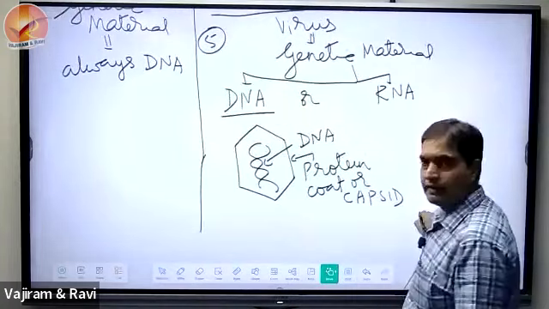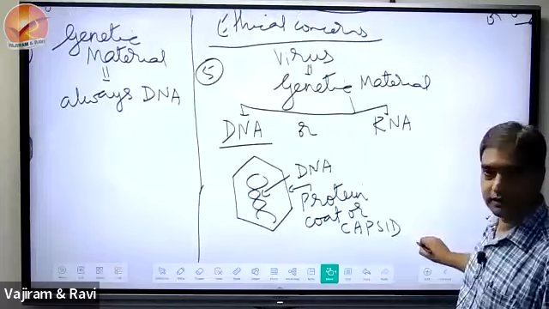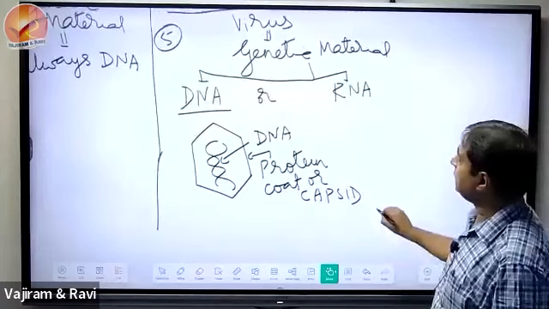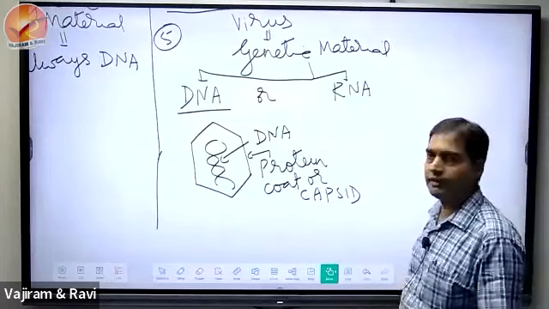So for bacteria, genetic material is always DNA. Is it clear? For virus, genetic material could be DNA or the RNA.